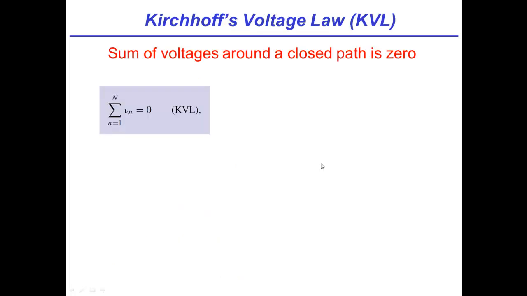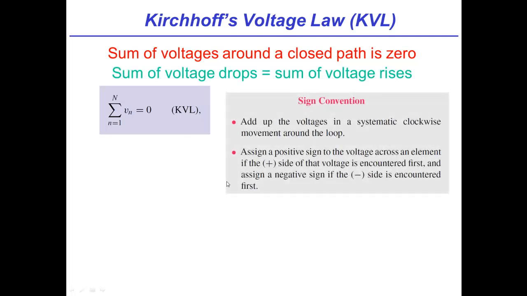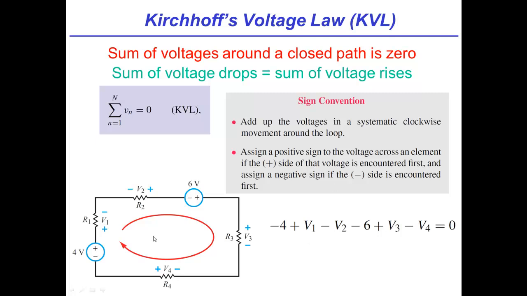All right, so now we'll talk about another law. This is Kirchhoff's voltage law, called the KVL. And this is also very powerful for doing circuit analysis. Specifically, the KVL says the sum of voltages around a closed path is 0. Let's talk about what that means. Specifically, I'm going to use a circuit as an example over here.